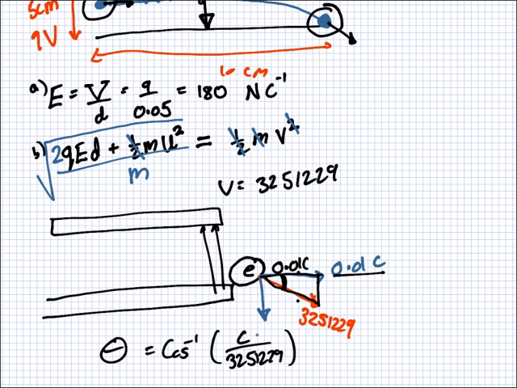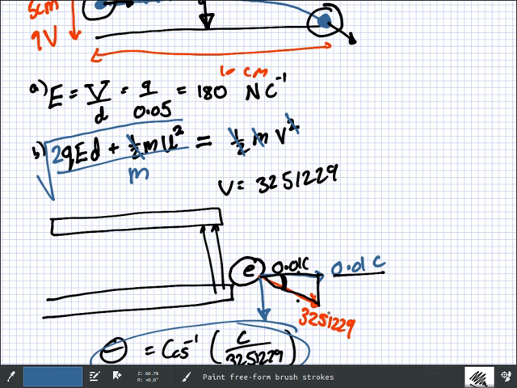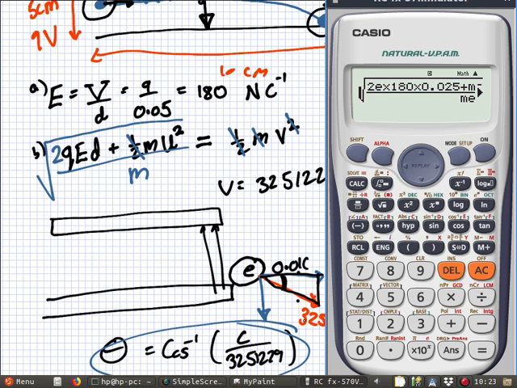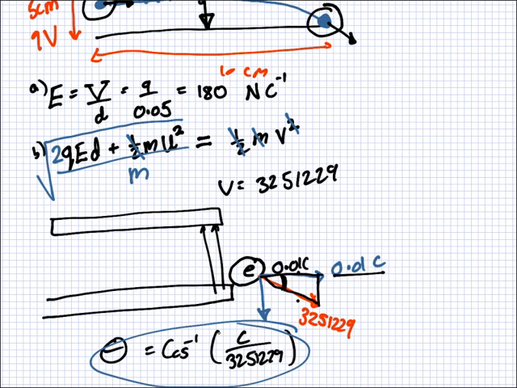Oh! What did I forget to write here? 0.01. I never put in my 0.01. Okay, thank you. Alright, so I should have had 0.01 here on the top. Right, and then cos inverse. Yeah, thanks, Matt. 22.8 degrees.